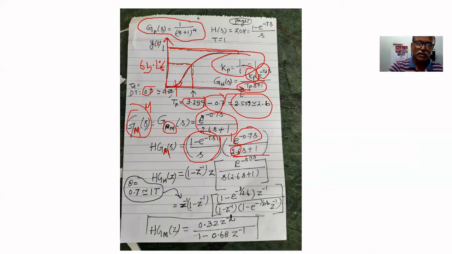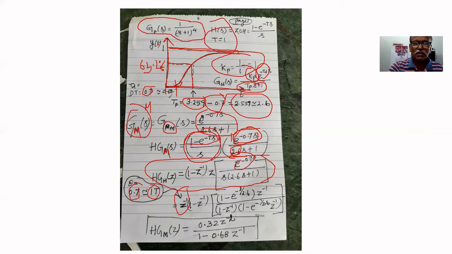If you obtain the HGP of z, it looks like this: 1 minus z power minus 1 for this part, and for the dead time part, it can be taken as one sampling period because we are assuming the sampling period equals 1 second, and 0.7 is less than 1 second. Let us approximate this to 1 second. Therefore, this can be replaced by z power minus 1.